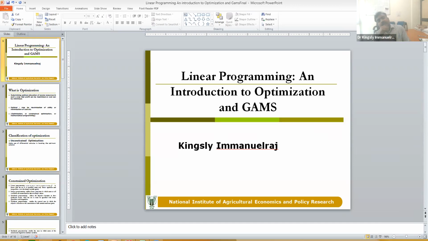So mainly here we are talking about constraint optimization. When it comes to optimization, there is constrained and unconstrained optimization. Maybe you might have studied it in your farm management.